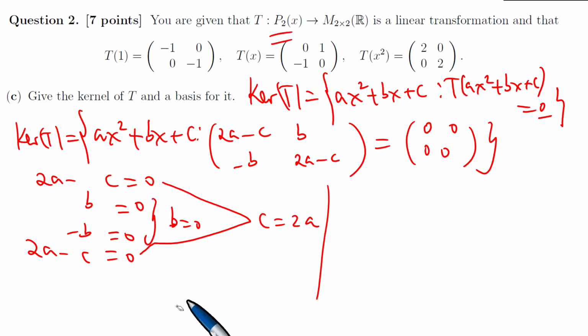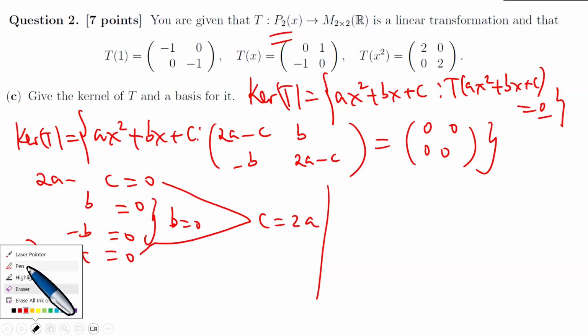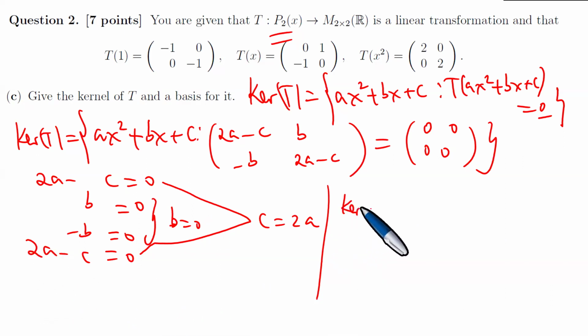So we are dealing with the kernel of T. It means the kernel of T is going to contain b equals 0. If b is 0, then we have ax squared plus c. But c is equal to 2a.